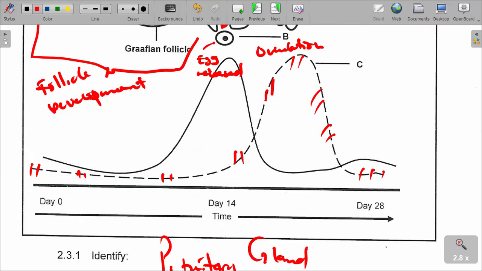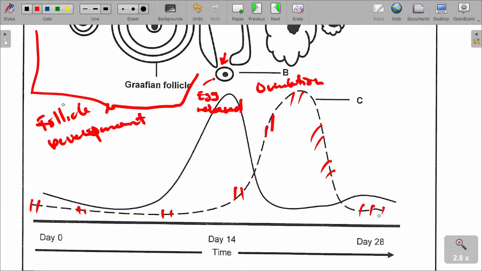Which hormone do we see which is always low before ovulation? Before ovulation it is less, and then after ovulation it increases.